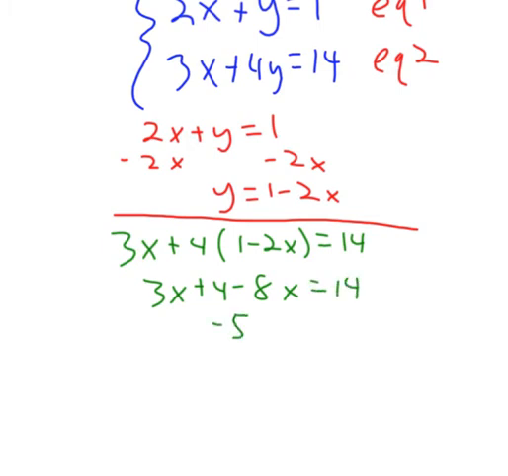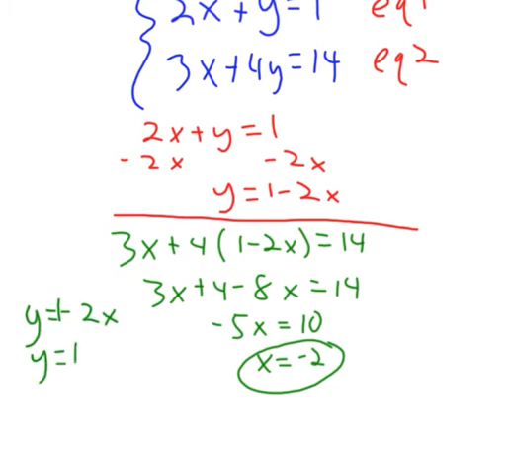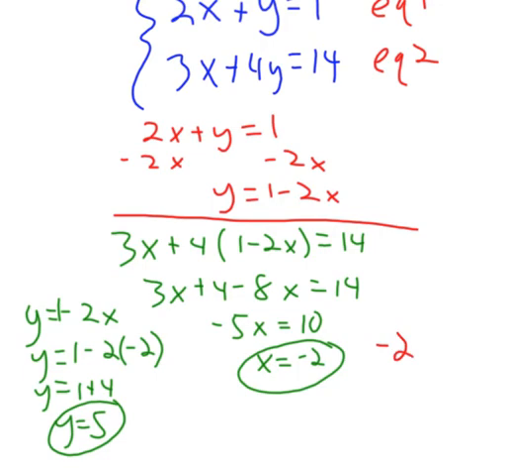We'll get negative 5x equals 10, and x equals negative 2. All right, now to put that back into our equation for y, we have y equals 1 minus 2x. So y equals 1 minus 2 times negative 2. So y equals 1 plus 4, and y equals 5. All right, so after all of that, we have (negative 2, 5) as our solution.